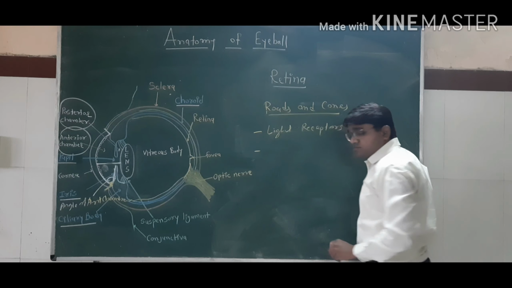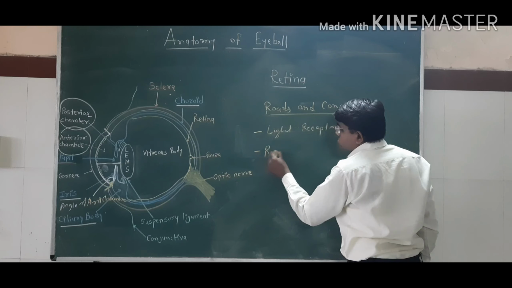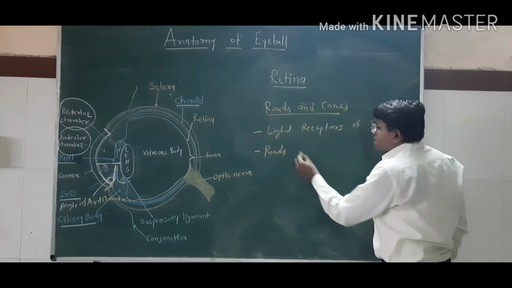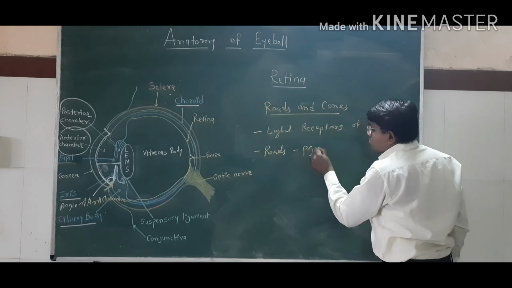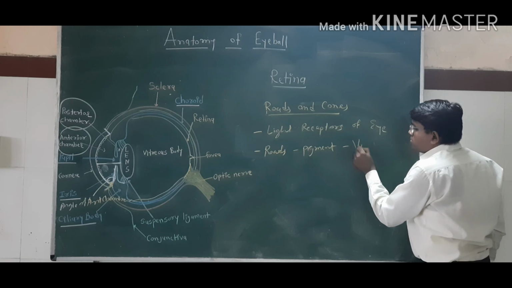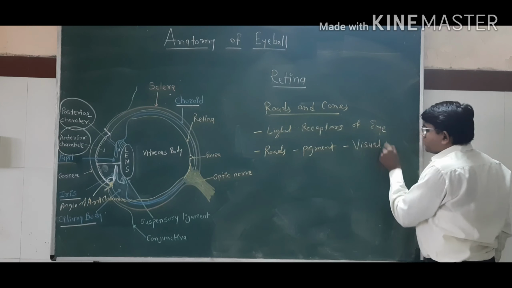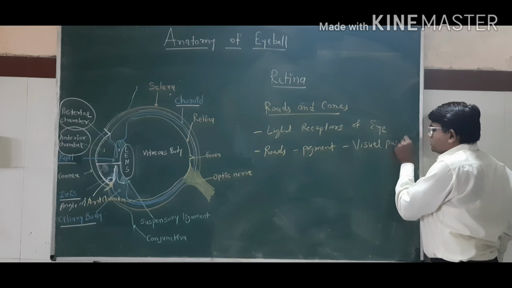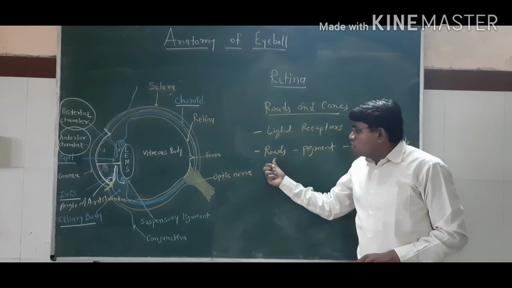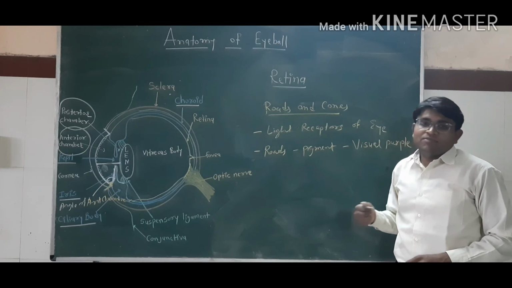Then the rods contain the special pigment called the visual purple, and due to the presence of this pigment, rods are sensitive to the dim light.